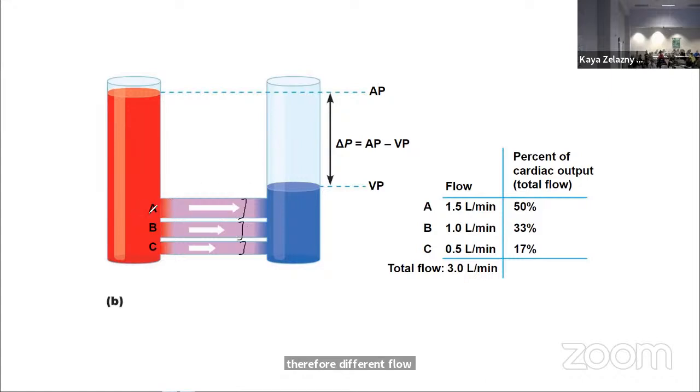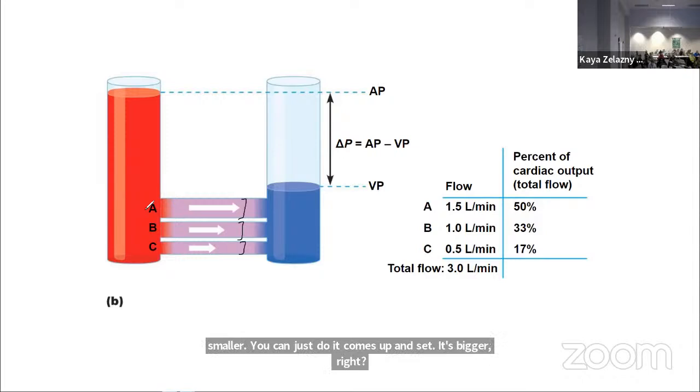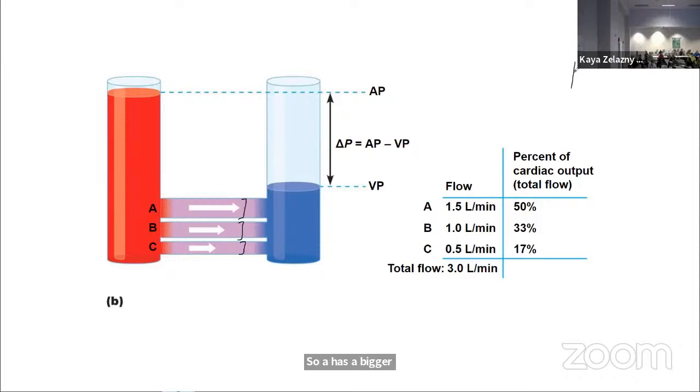So what do you know about the radius of A relative to the radius of B and C? Bigger or smaller? You can just do thumbs up, thumbs down. It's bigger, right? So A has a bigger radius, which means it's going to have a lower resistance.